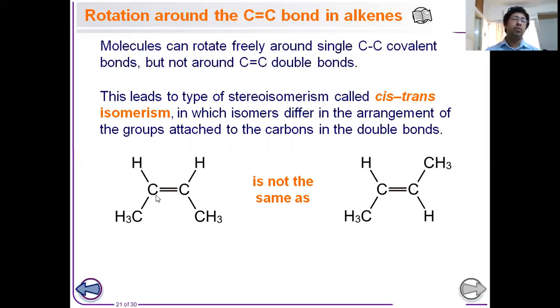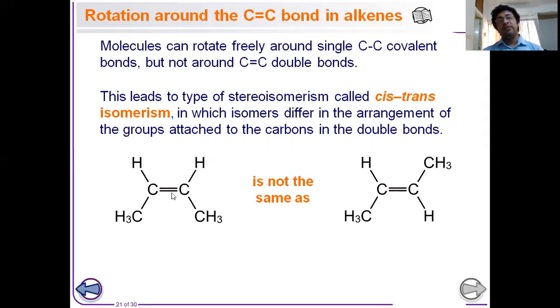This carbon is joined with one hydrogen and a CH3 group. This carbon also contains a hydrogen and CH3 group. This carbon contains a hydrogen and CH3 group. This carbon also contains hydrogen and a CH3 group.